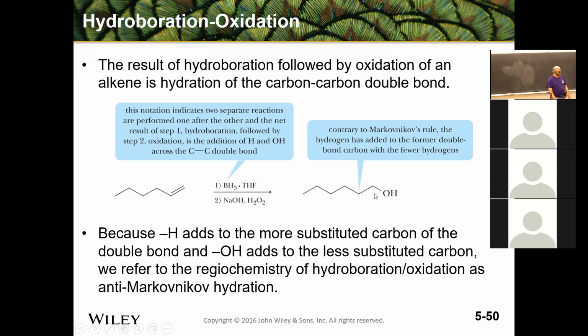And notice here that by Markovnikov's rule, we would expect H to go to carbon number 1 and OH to go to carbon number 2. But we get a product which is contrary to Markovnikov's rule.